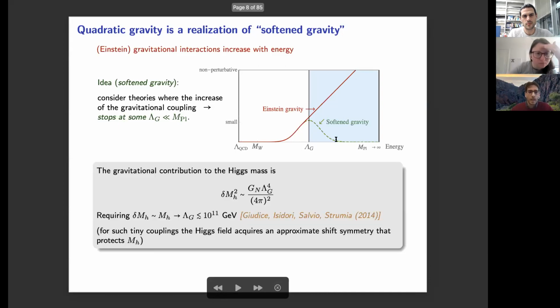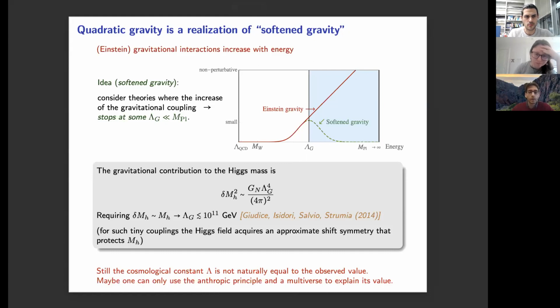Okay, and in this case the Higgs mass gets a contribution which is small enough to be natural if this intermediate scale Λ_G is not exceeding 10 to the 11 GeV, roughly speaking. The reason is that for such small couplings, the Higgs field acquires some approximate shift symmetry that protects m_H.